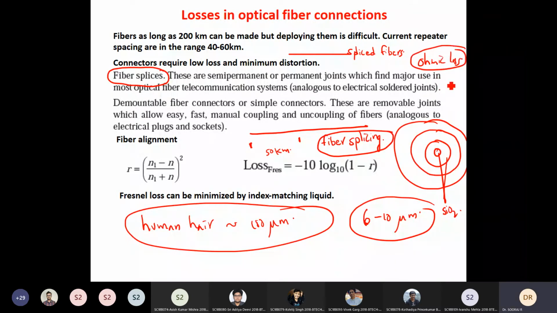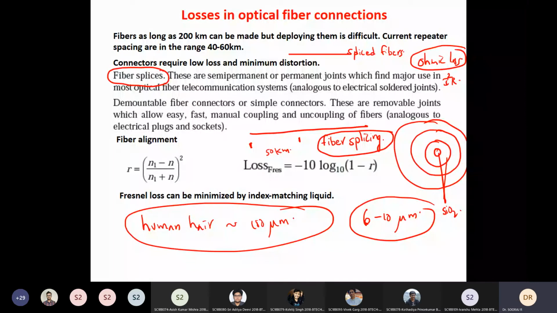Ohmic loss means you have some I squared R loss. That means there is some increased resistance over there, and as a result some voltage is going to be dropped. If you have a large number of soldered joints, then at every soldered joint you are going to have some ohmic loss, I squared R loss. So whatever voltage you are applying, some of the voltage gets dropped over there.